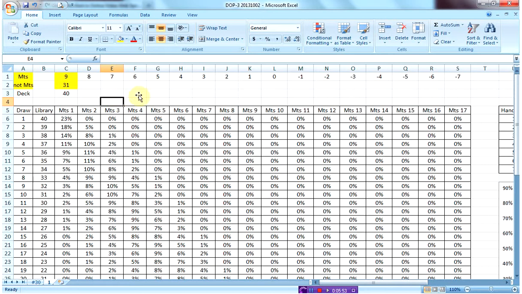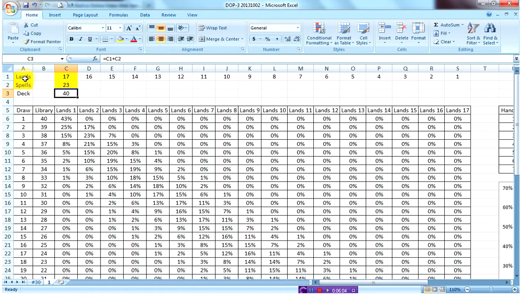Imagine if we have our 40 card limited deck with lands and spells, 17 lands, 23 spells, and those lands are some combination of mountains and forests.